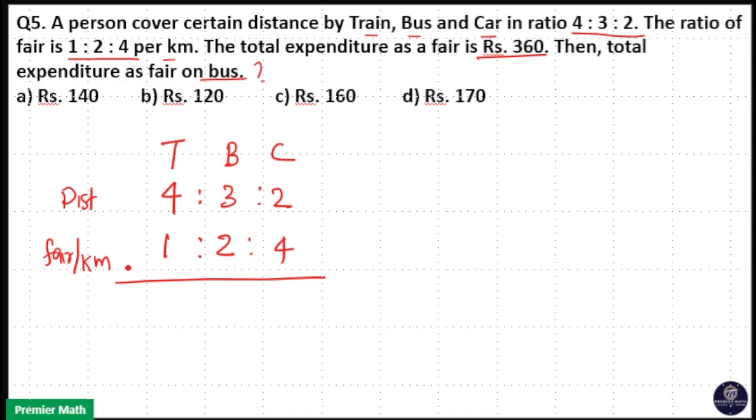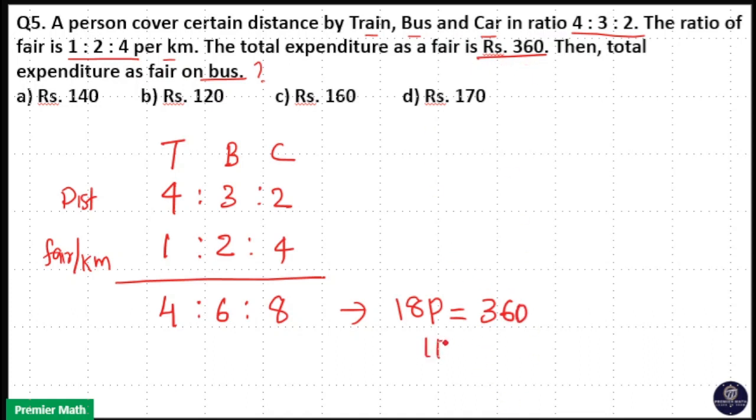So total price on train is equal to 4 into 1, that is 4. Total price on bus is equal to 3 into 2, 6. Total price on car is equal to 2 into 4, 8. That is total price is equal to 4 plus 6 plus 8 is equal to 18 parts. 18 parts is equal to total fare, which is rupees 360.